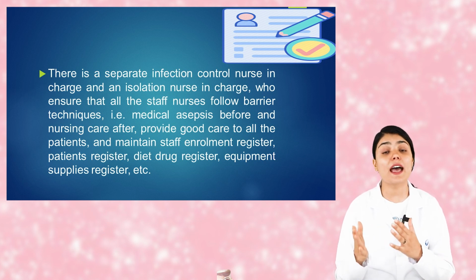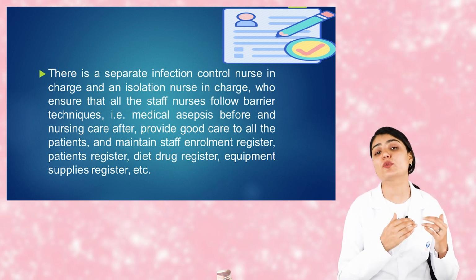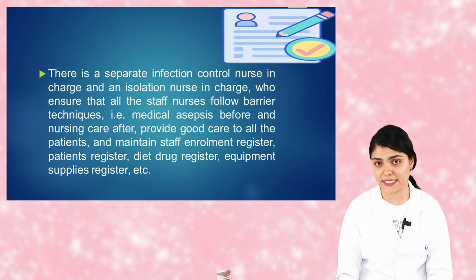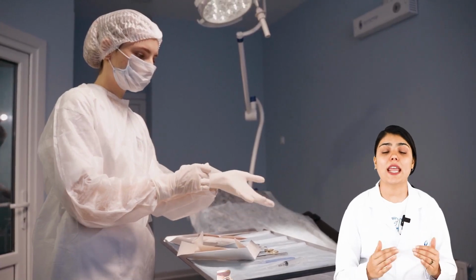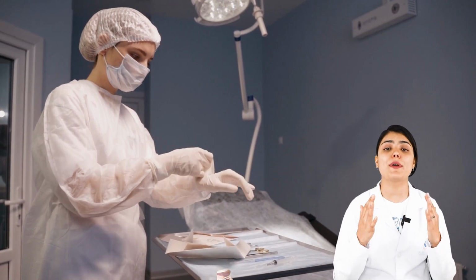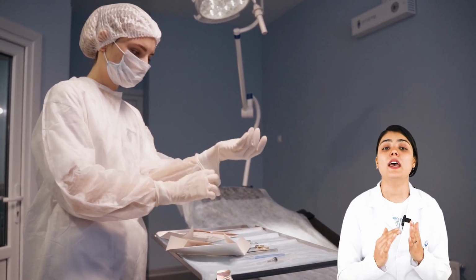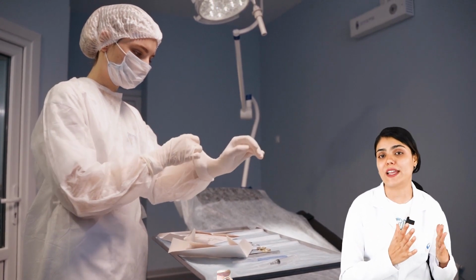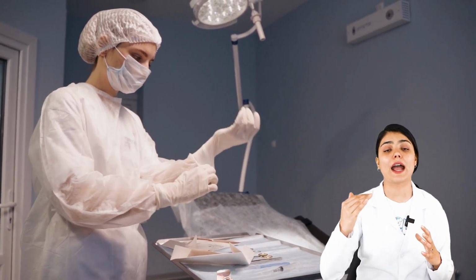The medical staff have to provide care to the patient even though they suffer from a communicable disease. The isolation nurse in charge and the infection control nurse in charge ensure that proper barrier techniques are followed by the nurses when they go to provide care to the patients who are isolated.